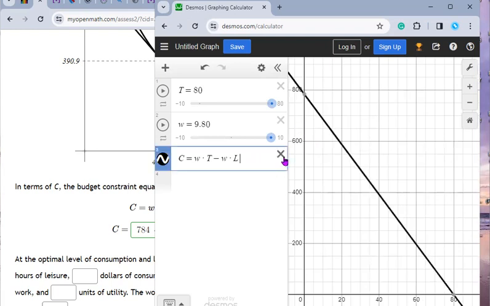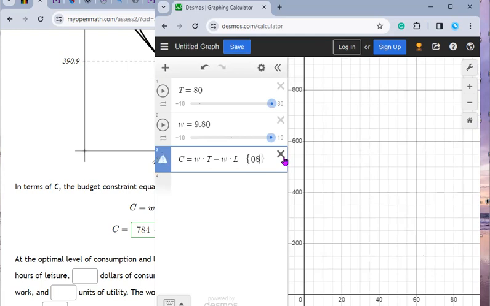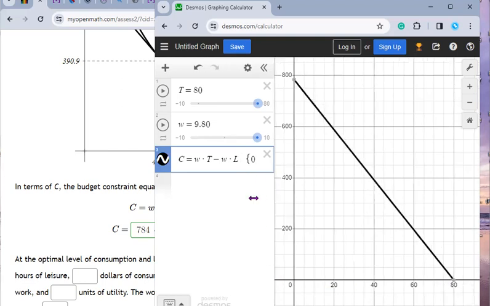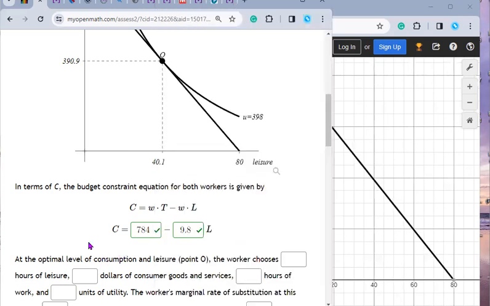Now, leisure lives between 0 and 80, so leisure is going to be less than or equal to 80, but greater than or equal to 0. It can't be beyond 80 because that's all she has available for work and leisure. And leisure obviously can't be negative. So that's our budget constraint.